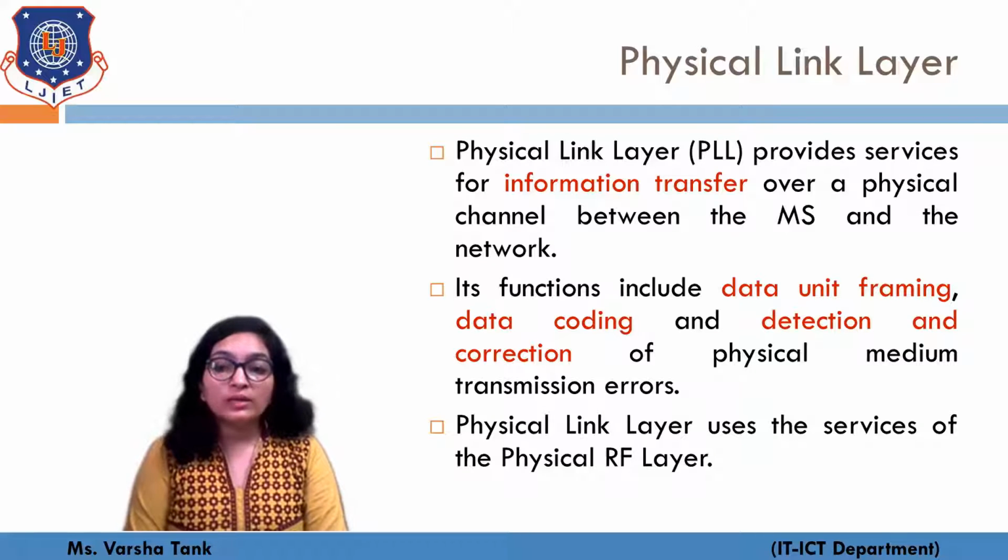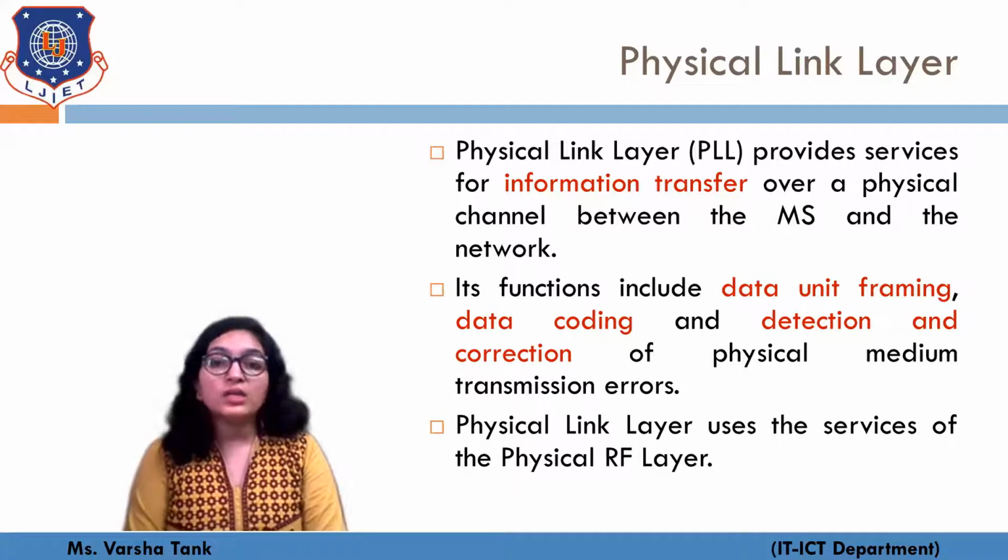That means whatever data is coming will be detected by the physical layer, and if there is any error, it will be corrected by the physical layer. The physical link layer does not provide these services individually, but it uses the services provided by the physical radio frequency layer.